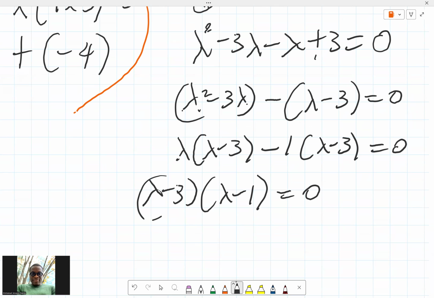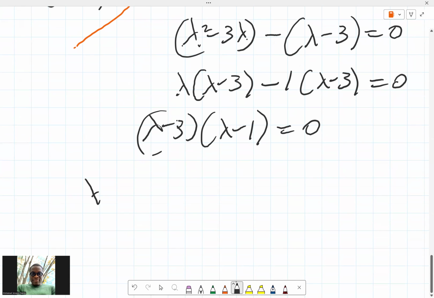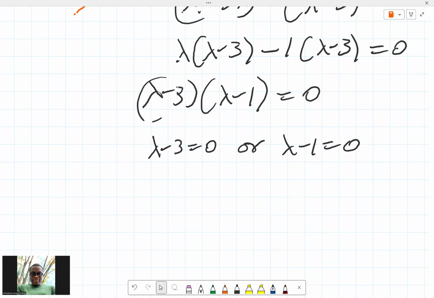So all this simply means that lambda 1 is equal to 3 and lambda 2 is equal to 1. That's if you equate this. Let me not jump. So this is lambda minus 3 equals 0, or lambda minus 1 equals 0. So we have two possible lambdas.